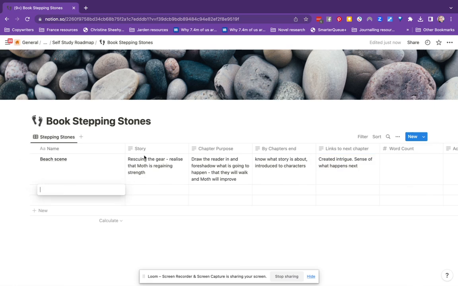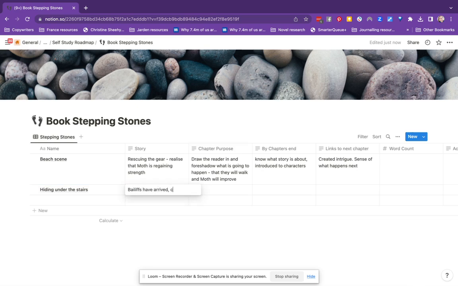Then the next scene might be them hiding under the stairs while the bailiffs have come to take the house. So that might be the story is that the bailiffs have arrived.